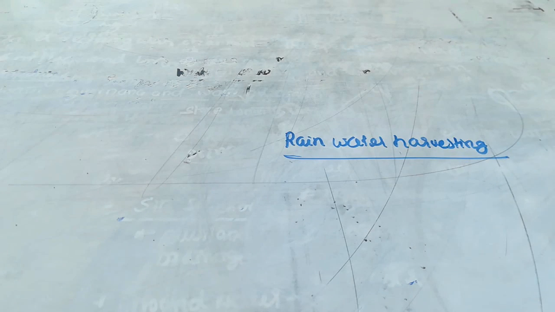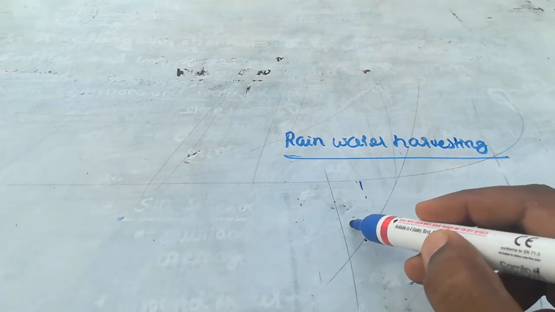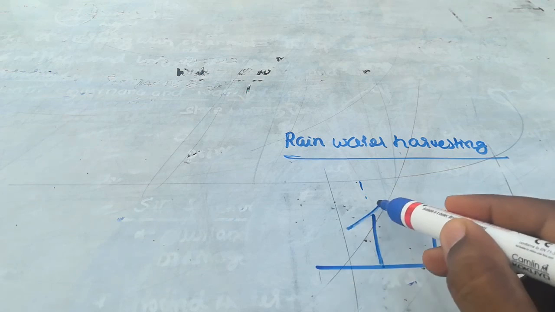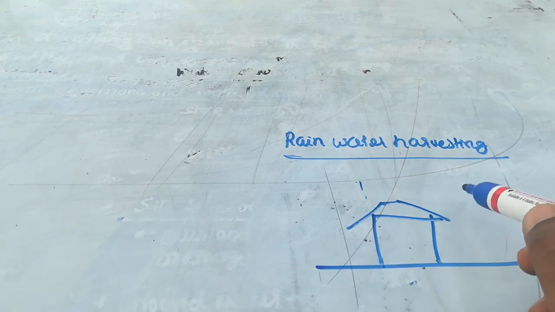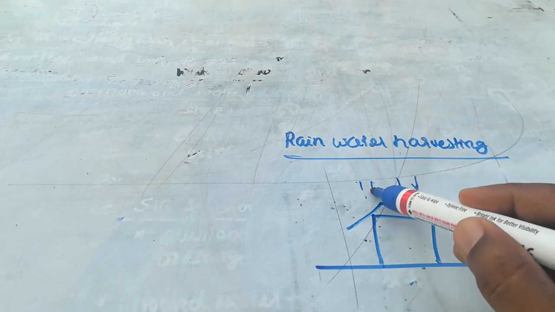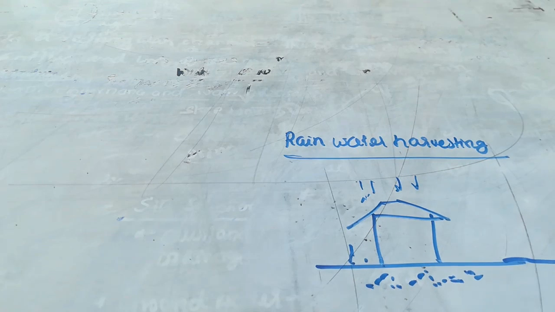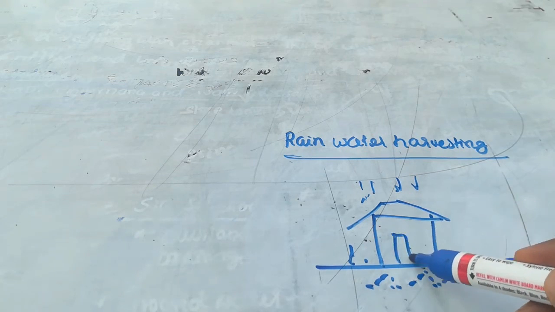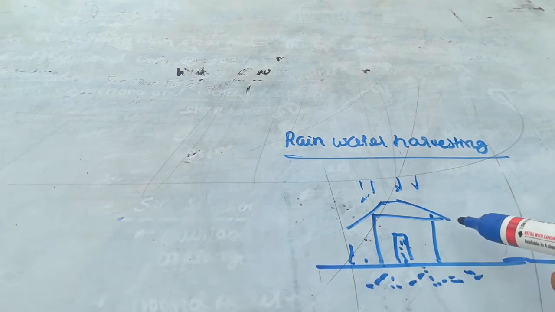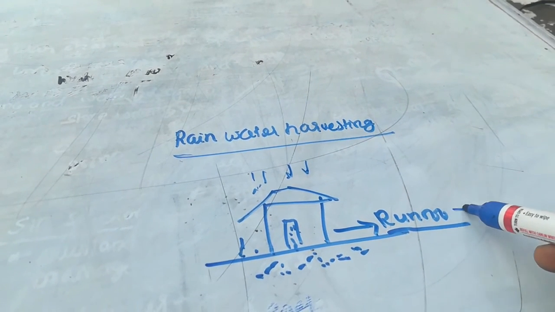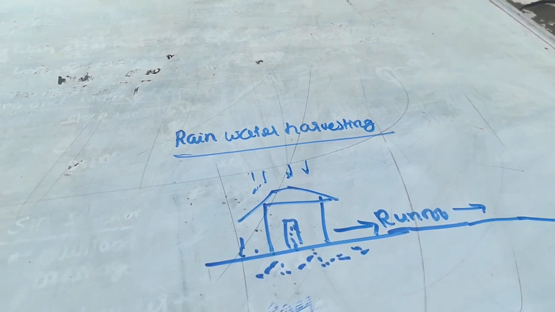As I told before, this is a small residential house. When water falls down here and the soil moisture is totally saturated, the water converts into runoff. This water is going to be wasted and will reach the sea. So what are we doing here?